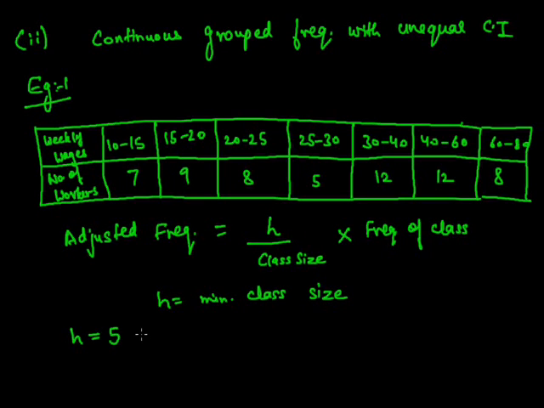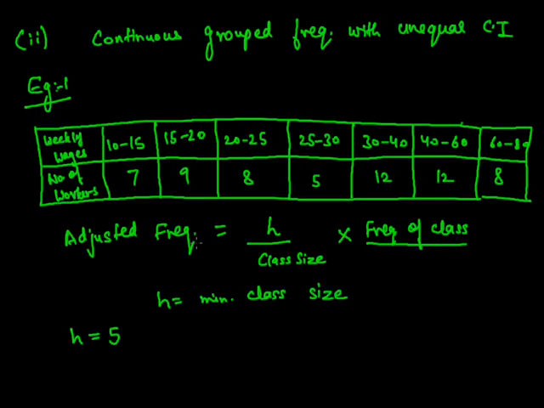Now h divided by class size, and class size indicates the class size of the particular class. Like if you have taken the class as 25 to 30, the class size in that case is 5. If you have taken the class as 40 to 60, the class size in that case will be 20. So that will differ according to which class we are taking. Multiply by the frequency of class, which indicates the frequency of the particular class.